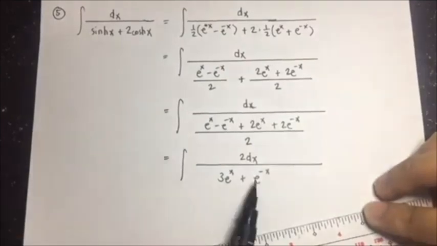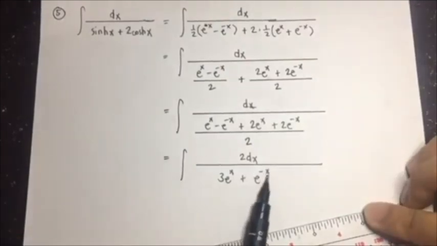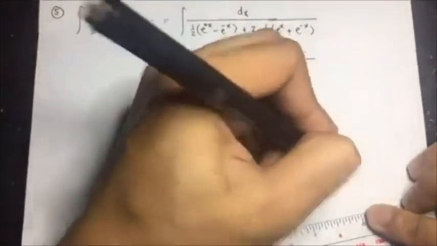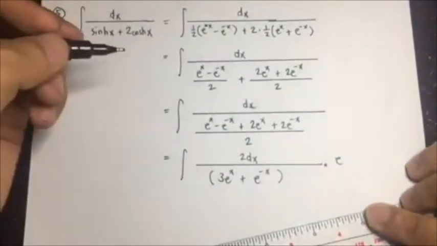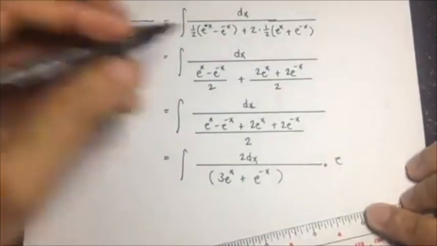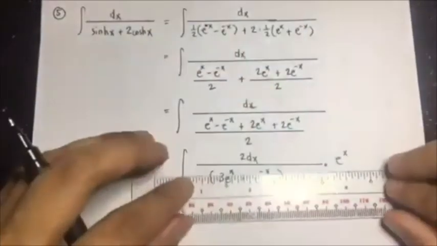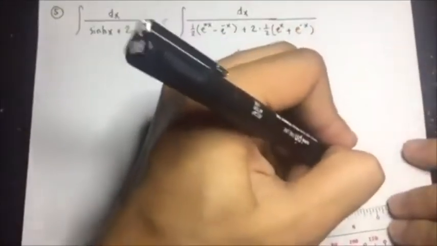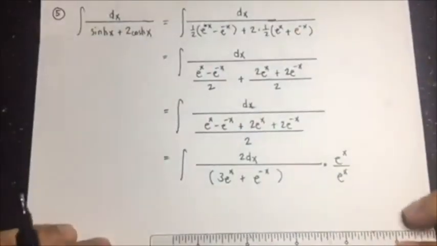To eliminate e to the negative x here, we will multiply both the numerator and the denominator by e to the x over e to the x.